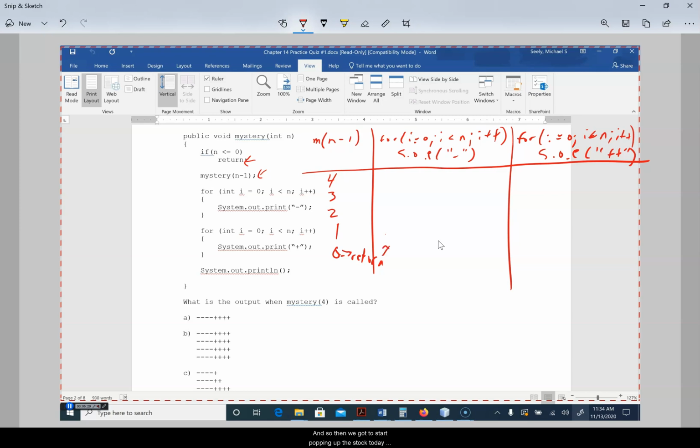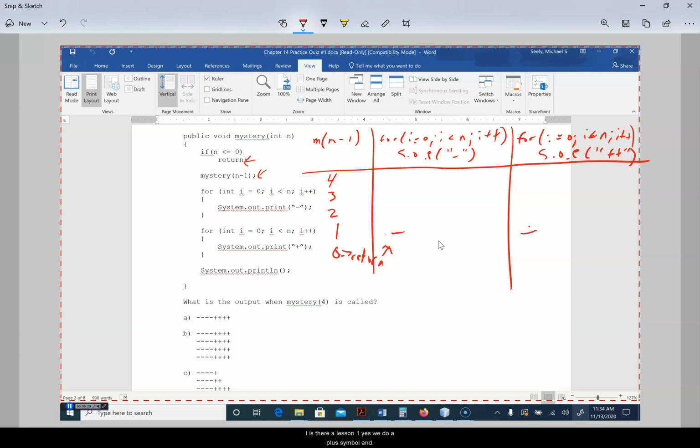When n is 1, we've got 0 is less than 1, so it does a dash. Then I becomes 1, is 1 less than 1? No. So then we go back here with n being 1, is I, 0, less than 1?